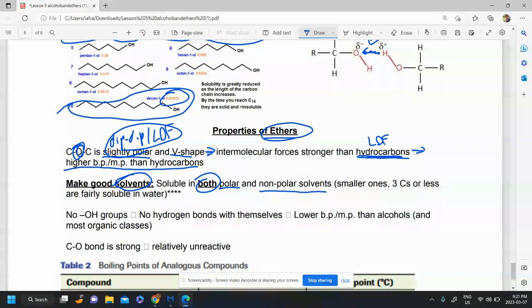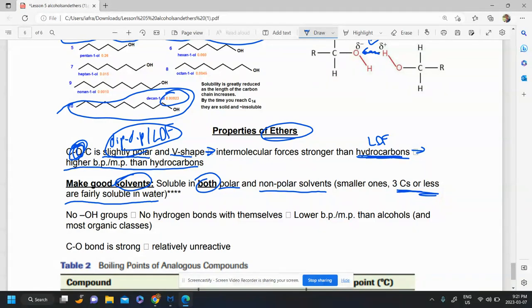The reason is that they have that little polar area here, but also quite a few nonpolar parts. Usually, small ones with 3 carbons or less are fairly soluble in water. But as they get more and more carbon, they're going to be more insoluble in water because you have more nonpolar parts.